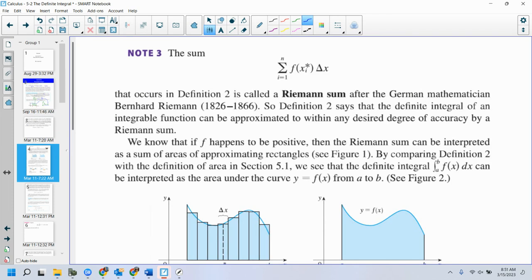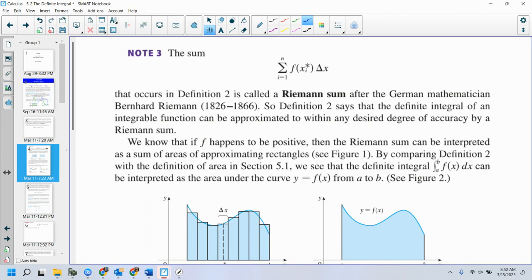I've referenced what's called the Riemann sum. We're going to be finding Riemann sums in this section too. Honestly, you found two Riemann sums on your quiz. You just didn't call them Riemann sums.